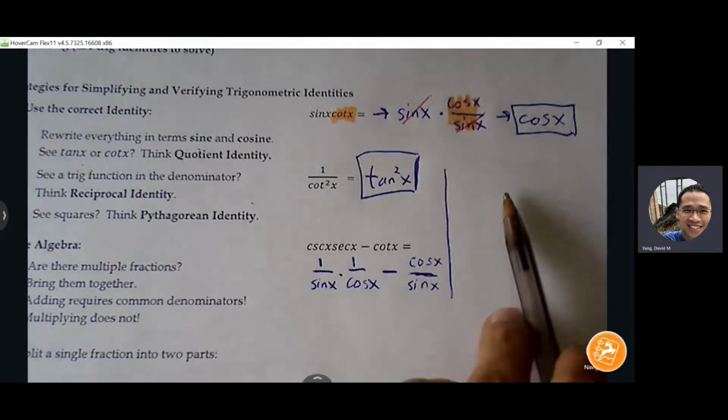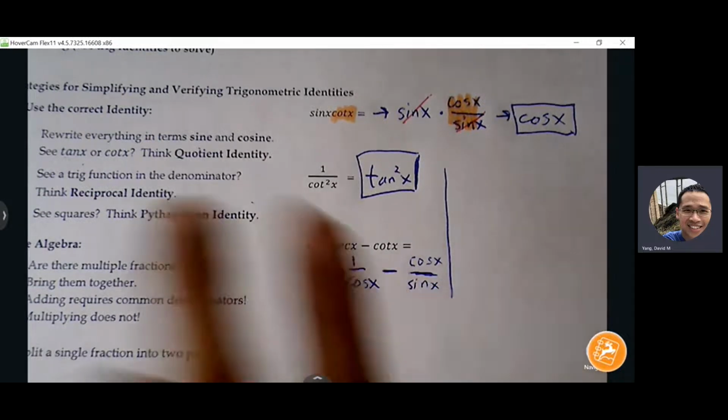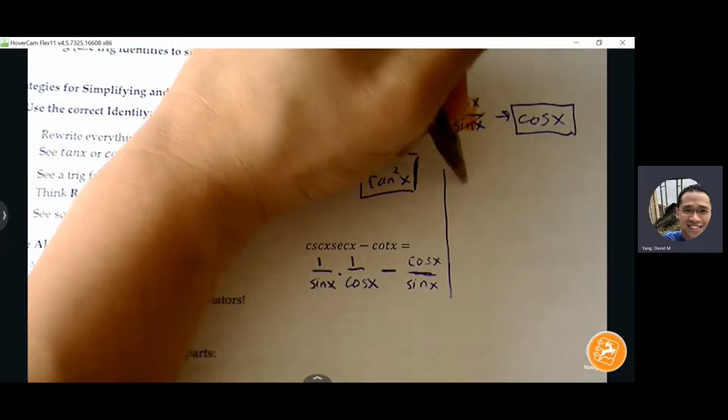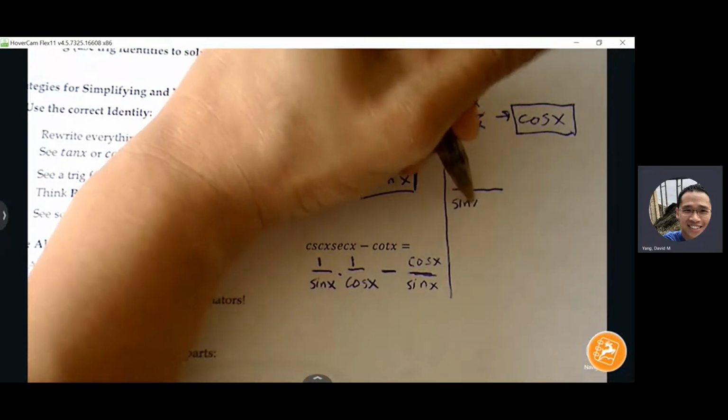Okay, so I'm going to use the space here because there's more that we can do. Even though we have everything in terms of sine and cosine, we still have two separate fractions. Maybe we can try to get it cleaned up by getting it into the same fraction.